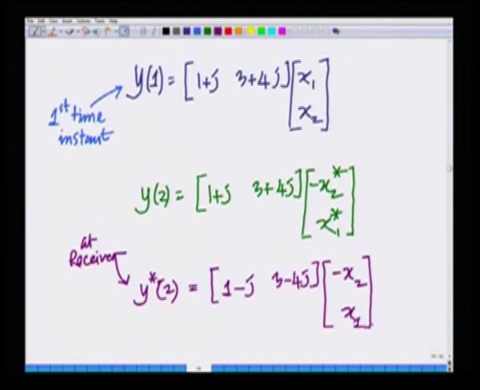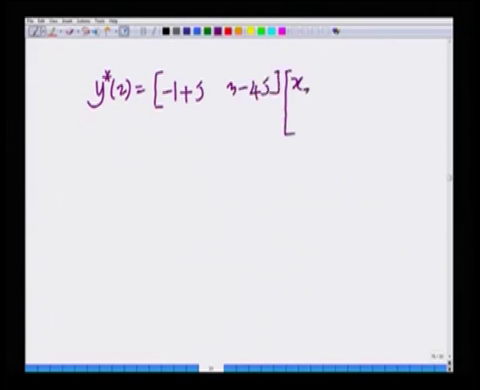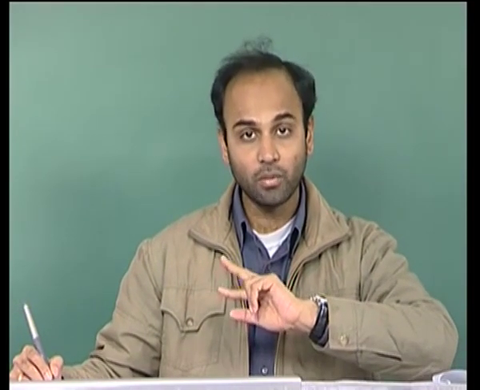x 1. Now, I will shift the minus sign from x 2 into the channel. This is simply a way of writing it. This is nothing to do with the transmission. It is simply an equivalent way of expressing this. This can be represented as y conjugate 2. So, the minus symbol from x 2 goes to the channel coefficient, which is minus 1 plus j, 3 minus 4 j, x 2 x 1, and finally, now I flip the order of x 1 x 2, that is I am not flipping them during transmission.